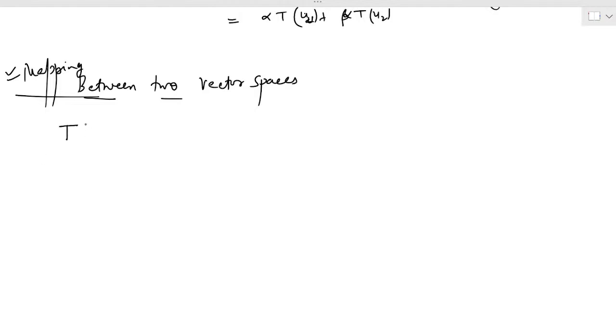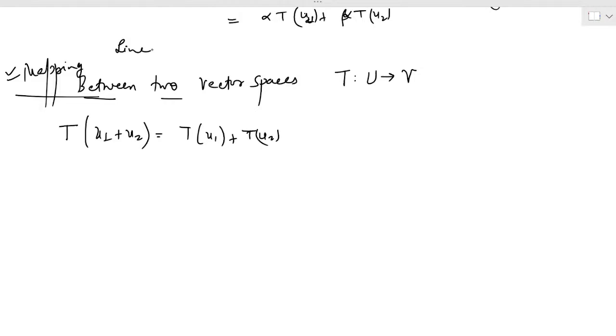The first one is that if you are saying that there is a linear transformation defined from U to V, then remember that T(u1) plus T(u2) should be equal to T(u1 plus u2). And since we are from physics, we can use the words interchangeably.